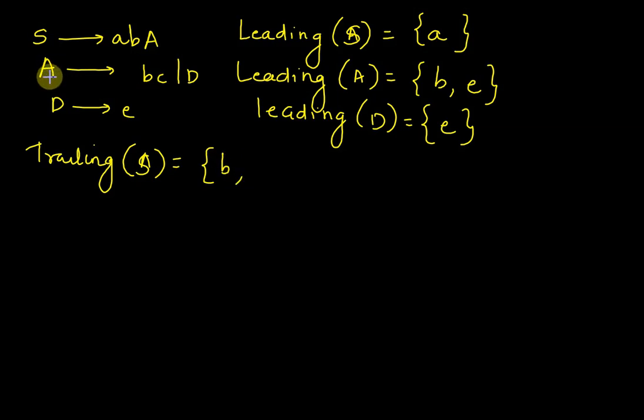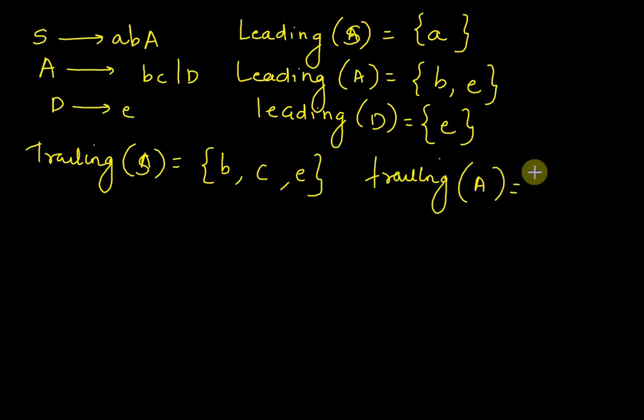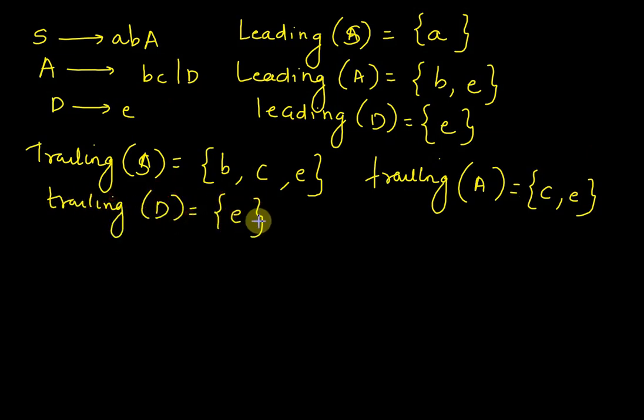Again, if you substitute in place of A as BC, this C will come in trailing of S, and again A gives D, so E. So again E will come in trailing of S. What about trailing of A? Trailing of A will be this C and E. And trailing of D is equal to E. Okay, so this is how leading and trailing sets are computed.